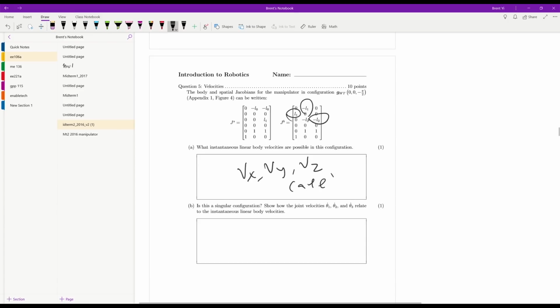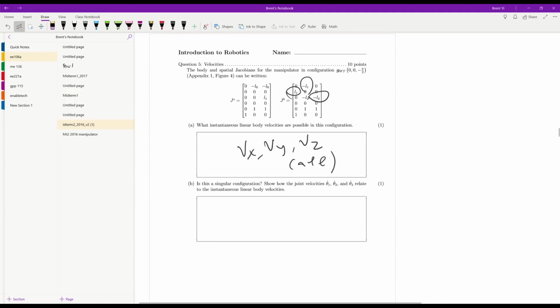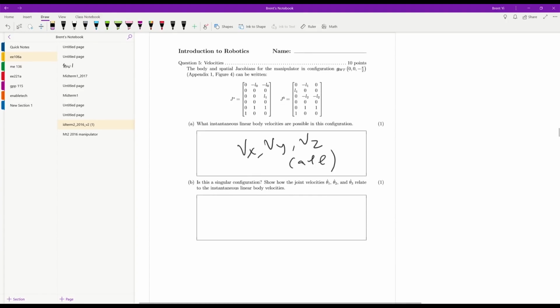5b asks if this robot is in a singular configuration. And the answer there is no, because we can independently control Vx, Vy, and Vz, and that gives us a Jacobian rank of 3. So we can write no. We look at this a little more in depth. So theta 1 dot controls Vy, as we saw earlier, right? Theta 1 dot controls Vy because it corresponds to twist 1.